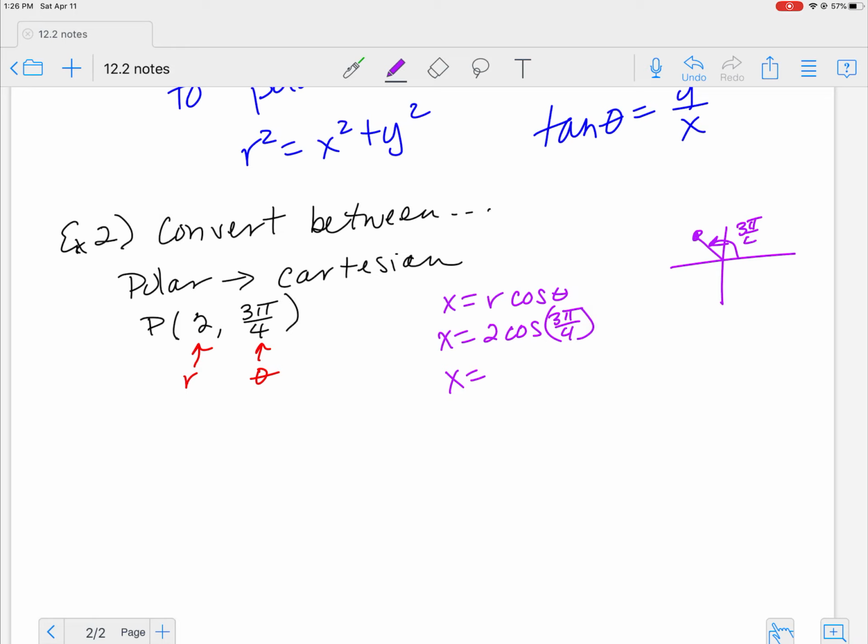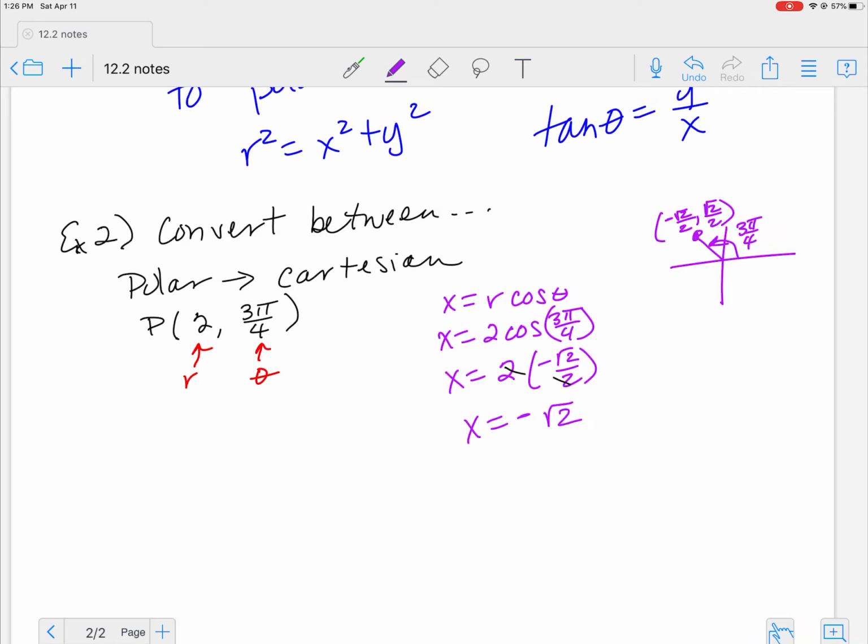So I know that I have the coordinate point negative and positive. So I now have 2 times the cosine of 3 pi over 4, which is negative square root of 2 over 2. So the 2's cancel, and I'm just left with x is equal to negative square root of 2.